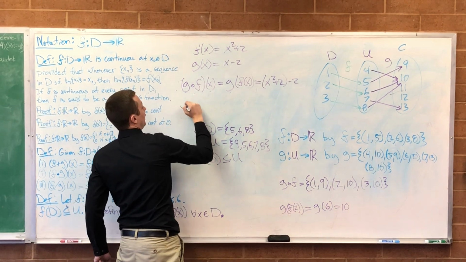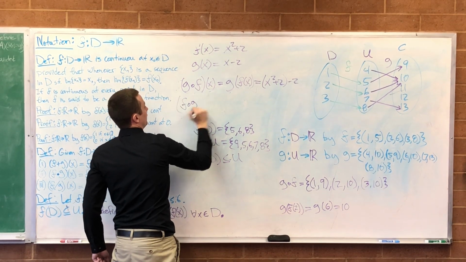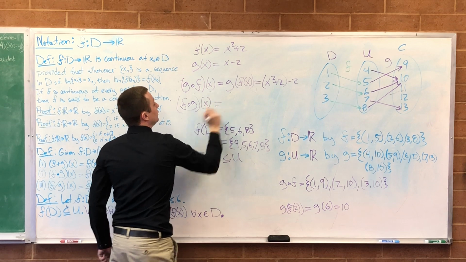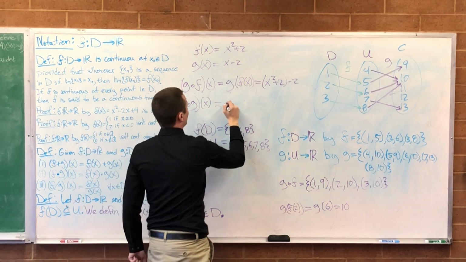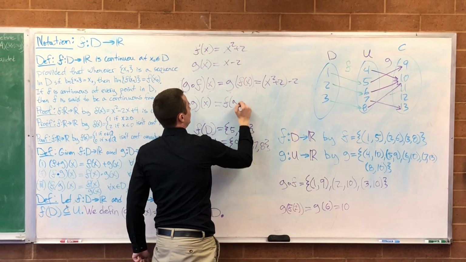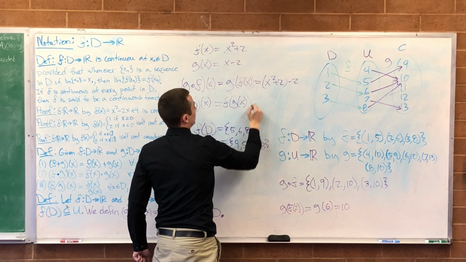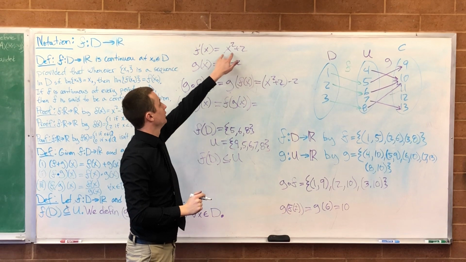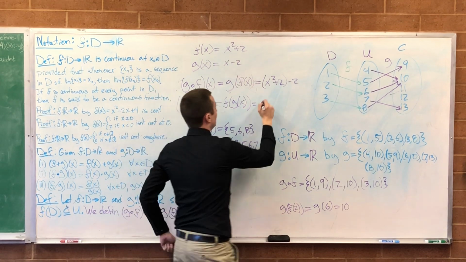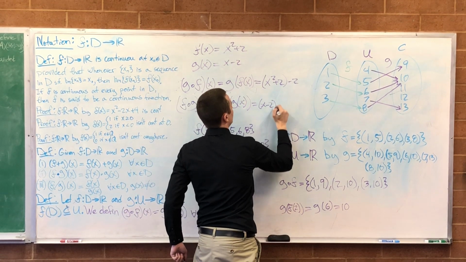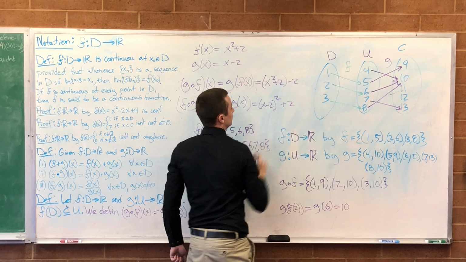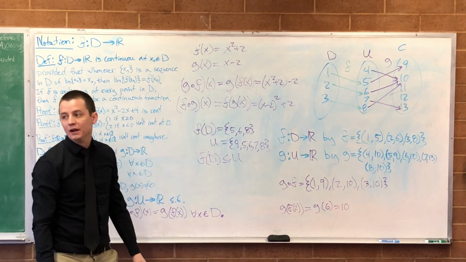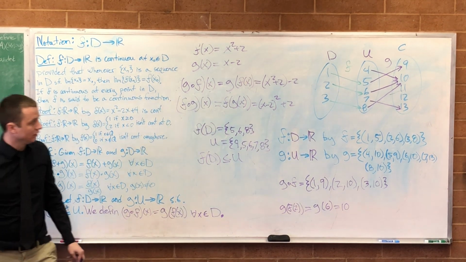Similarly, let's look at F composed with G of x. In this case, we're looking at F of G of x, which is equal to, plug in G of x for x in F of x, and we get x minus 2 squared plus 2. And notice that those are very different things, right?